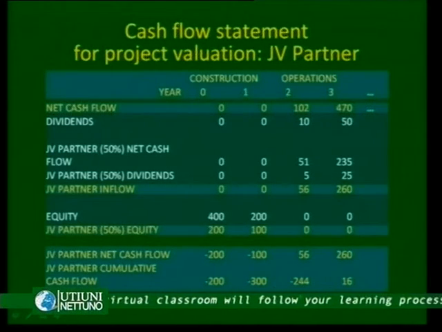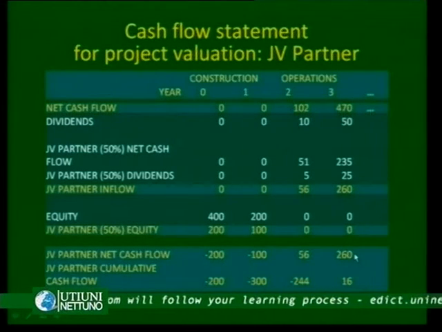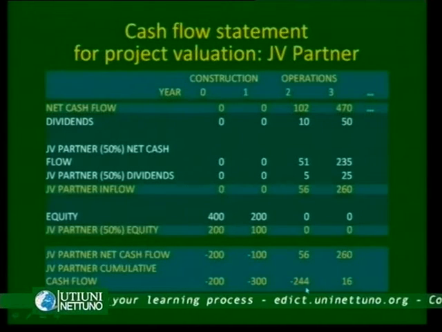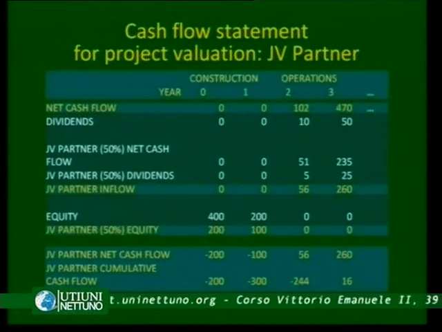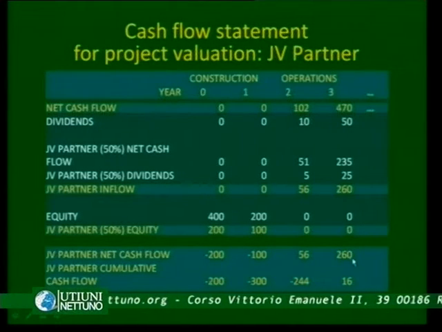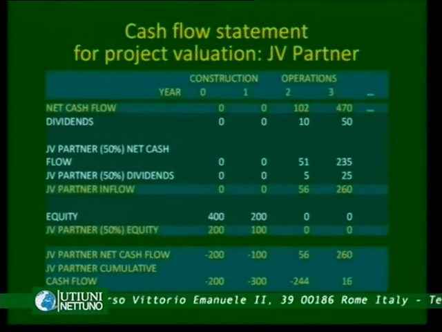And then the cumulative cash flow starts growing because of the positive cash flow generated from year 2 on, and so you have a negative cumulative cash flow at year 2, even though it's less negative than in year 1. And finally, in year 3, the cumulative cash flow becomes positive thanks to the inflow that the project is generating for the joint venture partner in year 3.